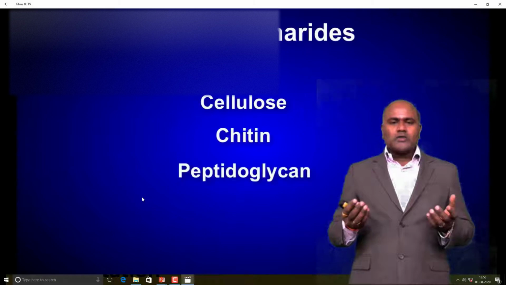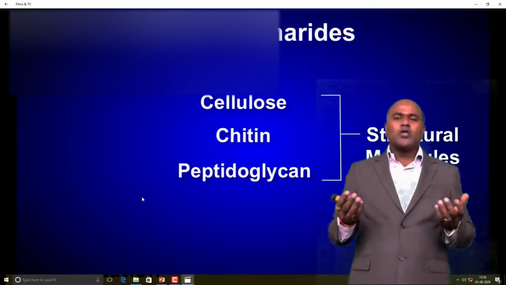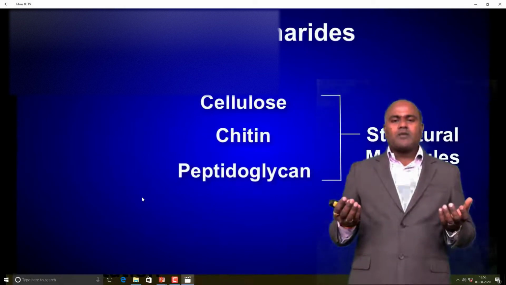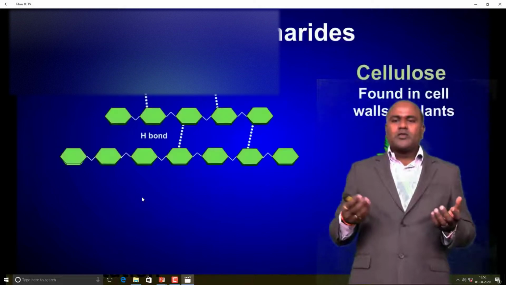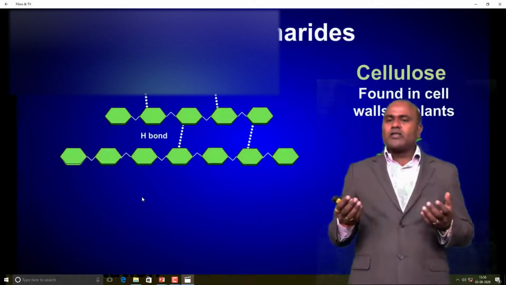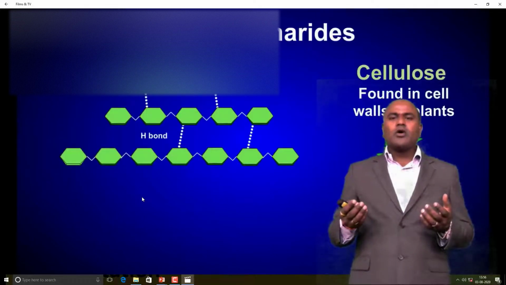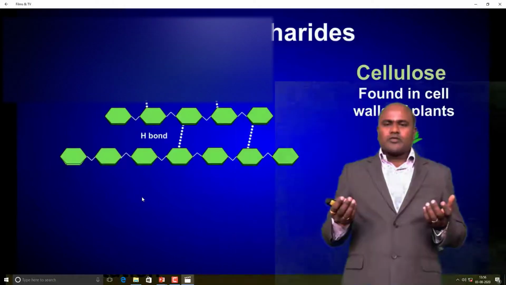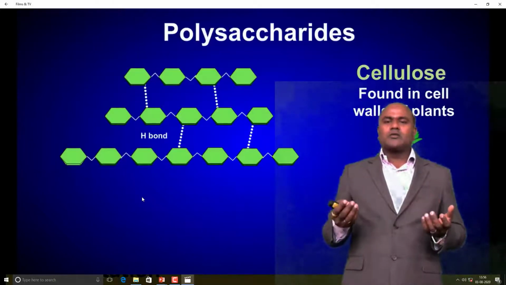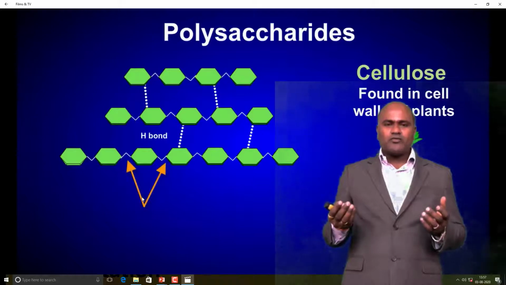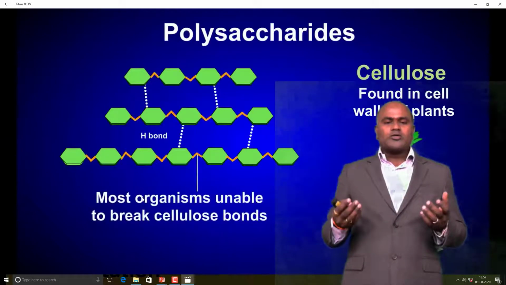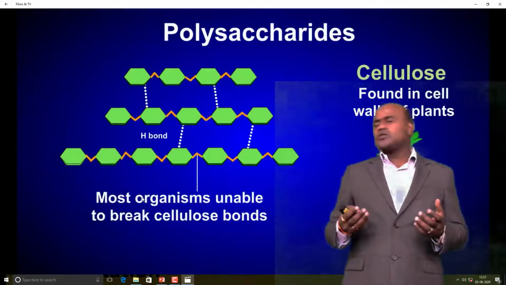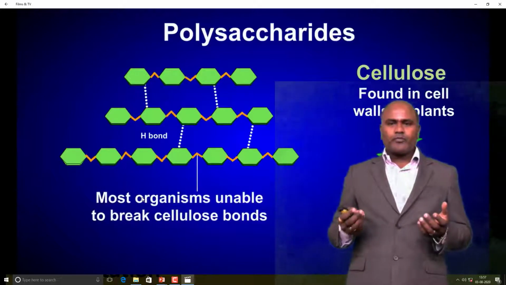Cellulose, chitin, and peptidoglycan are some examples of polysaccharides. Cellulose is usually found in plants. If you want to break cellulose, it is very tough, so most organisms are unable to break the cellulose bonds.